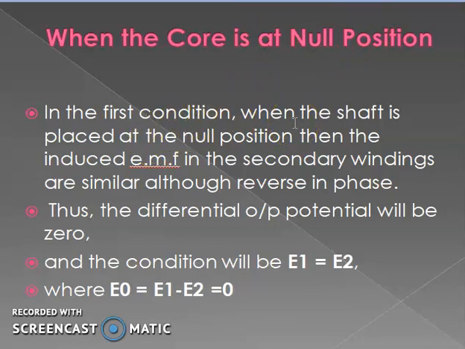When the shaft is placed at the null position, the EMFs produced on the secondary windings are equal and reverse in phase. Thus the differential output potential will be 0. That is, the induced voltage E1 is equal to E2 and the output voltage E0 is equal to E1 minus E2, that is 0.